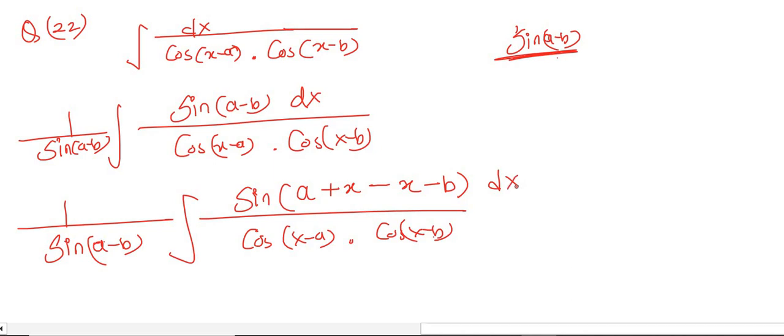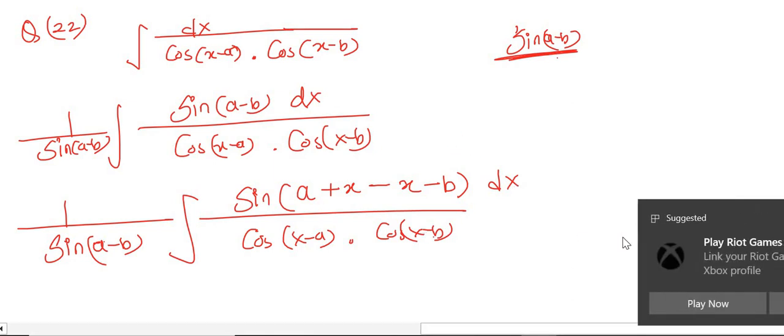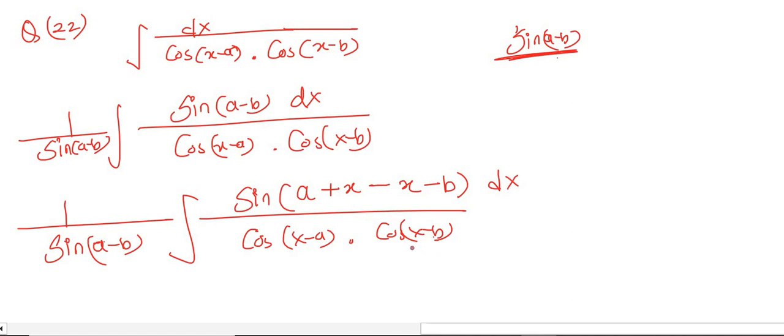Okay. So if I see this, here in the denominator we need x minus b, and we need x minus a. So let me take this with this and this with this. Okay, we will pair it up. How will we pair it up? Let me show you guys.